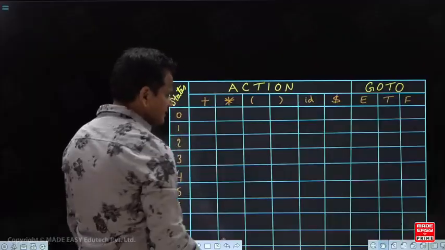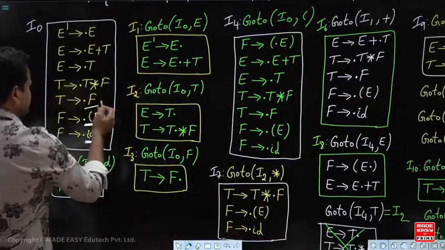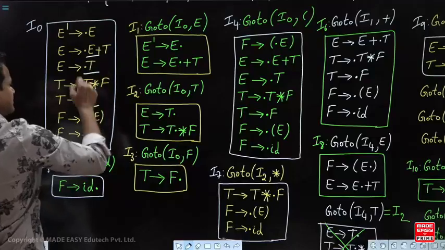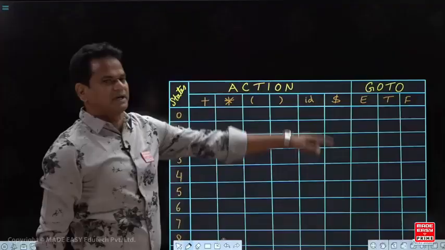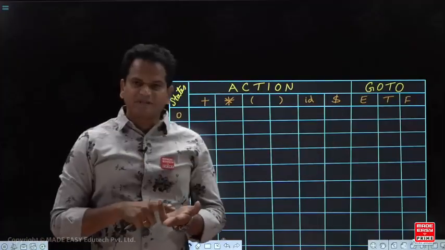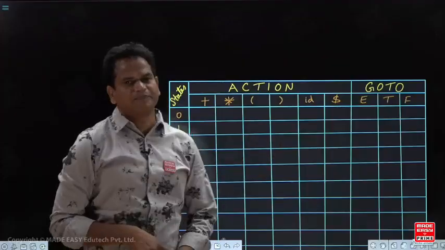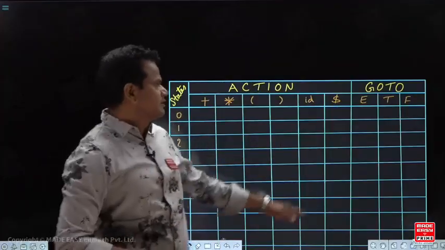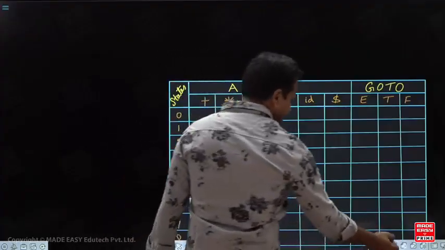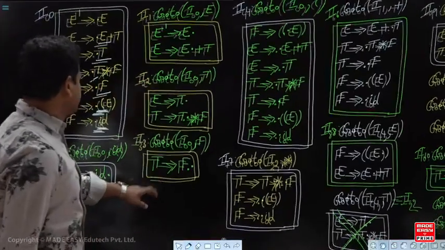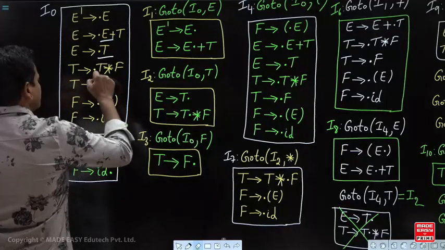And if the shift symbol is a non-terminal, like this, this is non-terminal, this is non-terminal, this is non-terminal, this is non-terminal, for the non-terminals we enter in the go-to part. So simply, if shift symbols are terminals, we enter in the action part. If the shift symbol is a non-terminal, we enter in the go-to part. Simple. Okay.